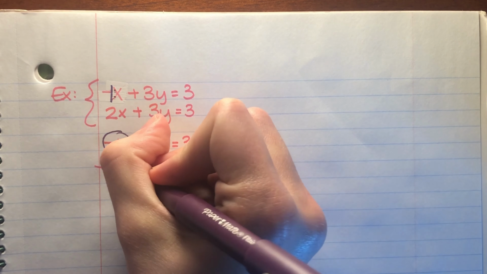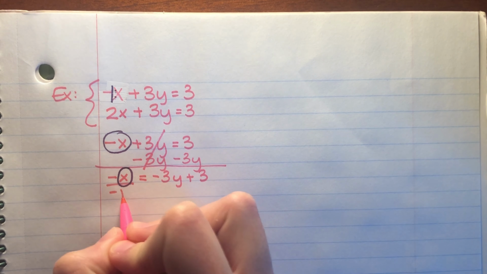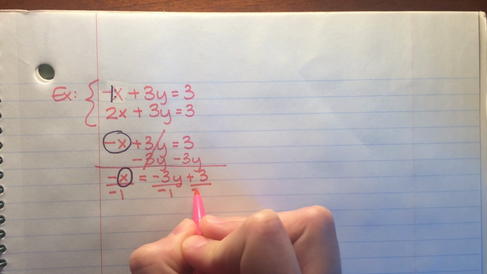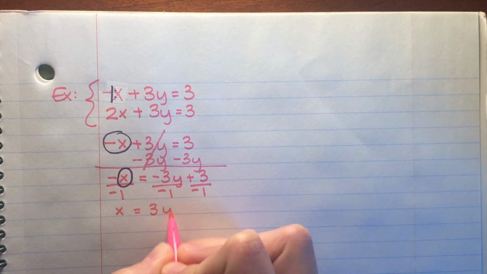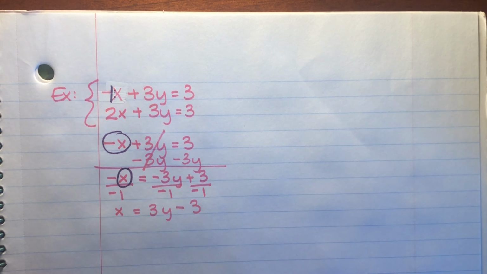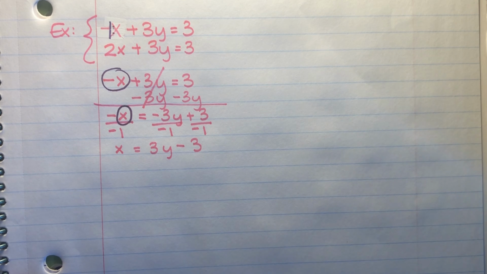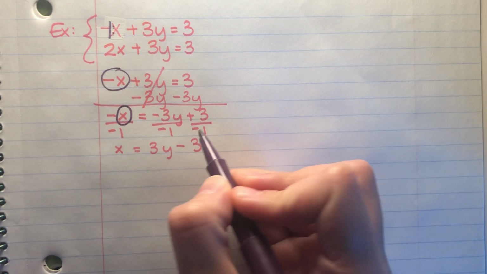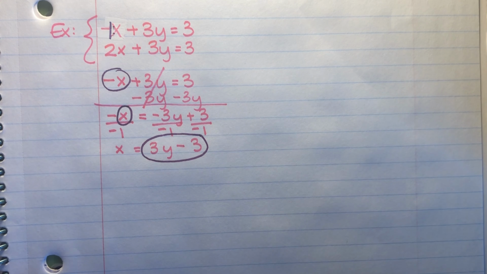All right, and I want to be left with just x, not -x, positive x. So I'm going to divide by -1 all the way across my equation. So I'm left with x equals 3y minus 3. All right, so now that I've solved for my variable, I'm going to go ahead and plug the expression for x into my second equation.